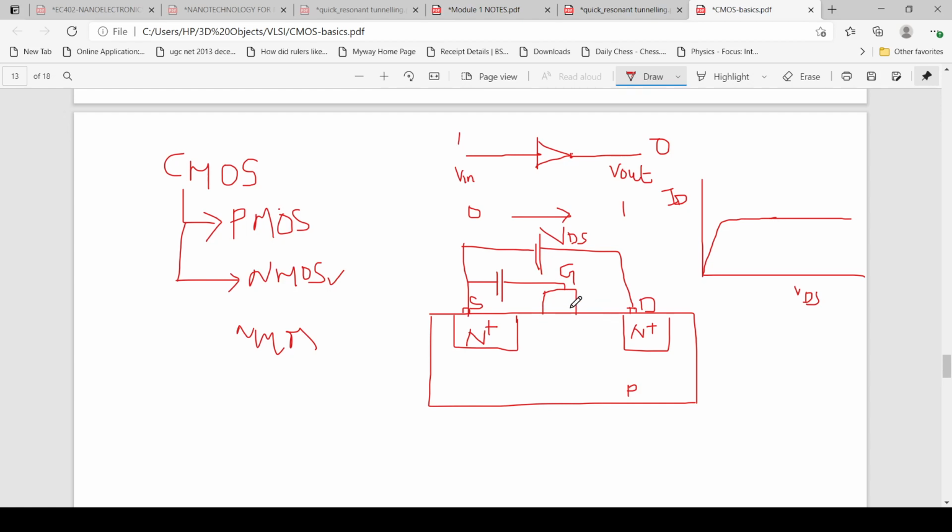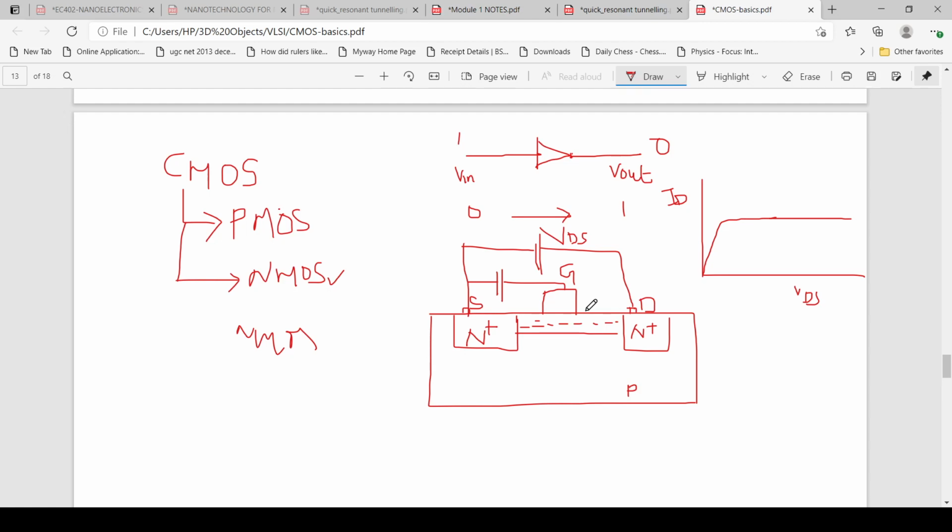To compensate for that, this positive polarity will attract electrons from the P substrate, and they will accumulate here. This process accumulates the charge carriers between the source and the drain region. This is how the circuit forms a channel between source and drain. So the very important thing is that we need to apply a positive potential to turn the circuit on, or to start the current flow. Only then will the current flow be there.